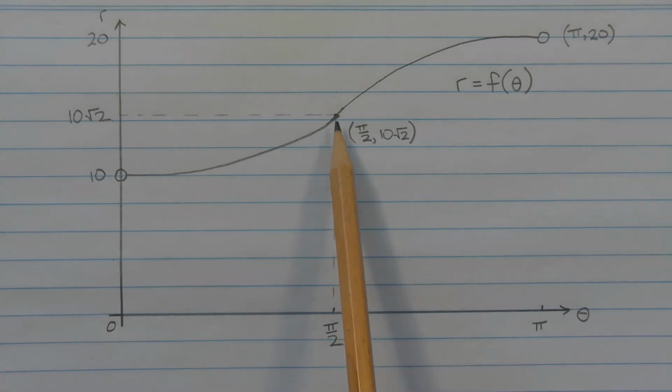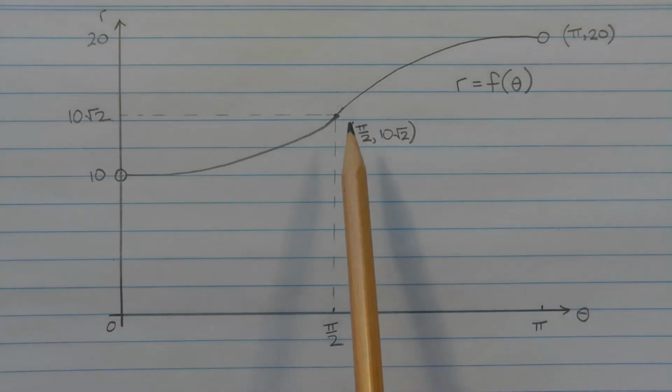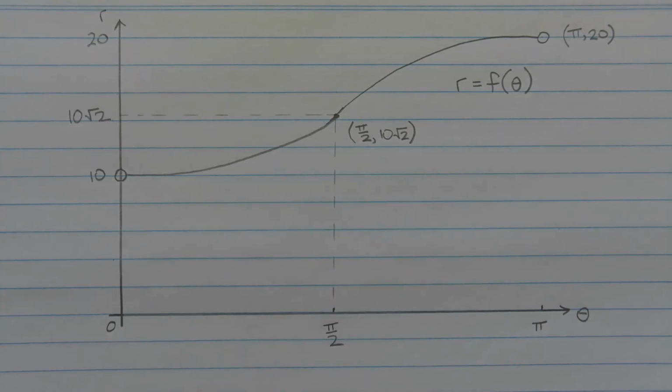Also notice this point here, where theta is equal to pi over 2, the value of r is identical for 10 sec theta over 2 and for 20 sine theta over 2, which is 10 root 2. So this is the joining point, or the connection point between the two piecewise function. And I've tried as much as possible to draw the function as a continuous curve, not necessarily smooth, but certainly continuous.